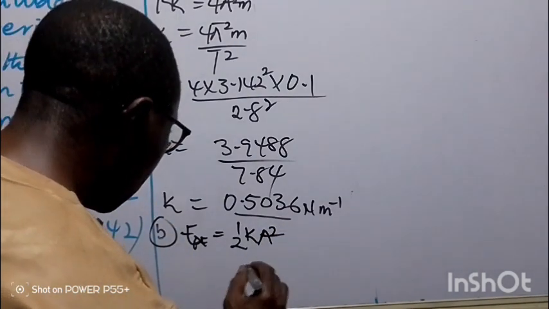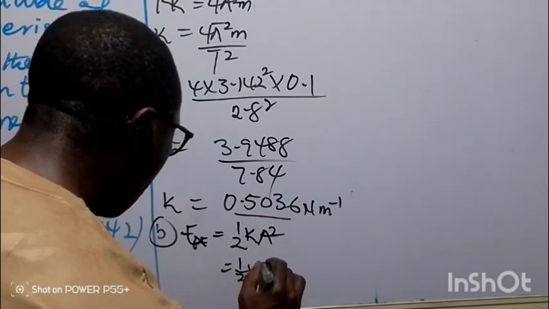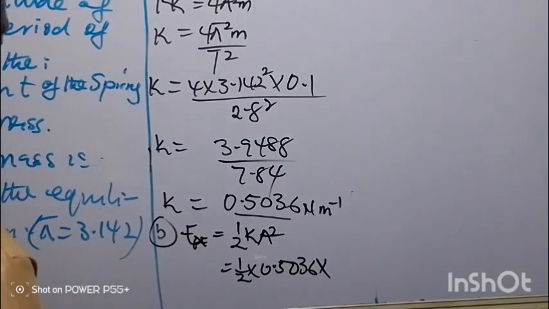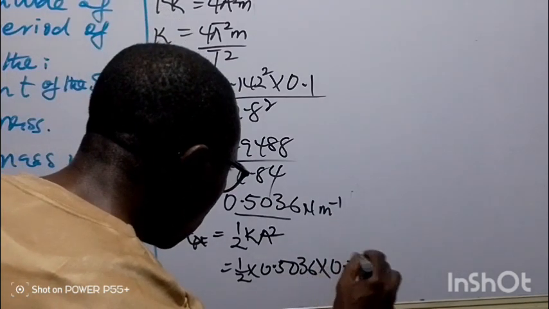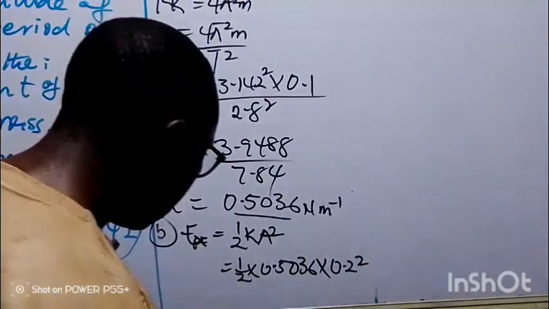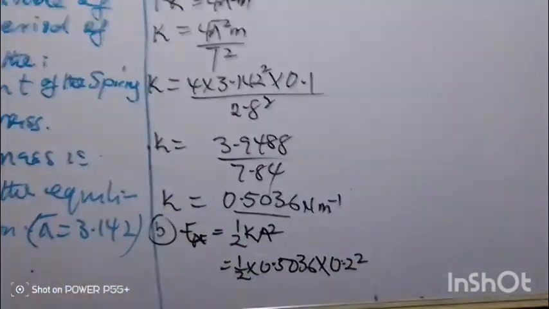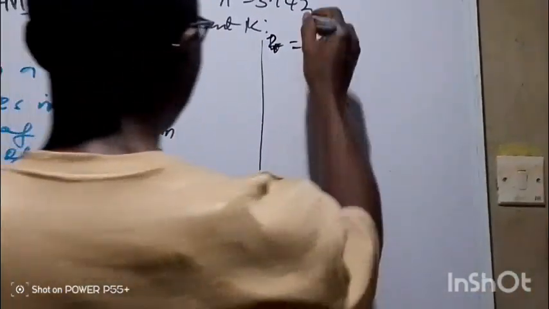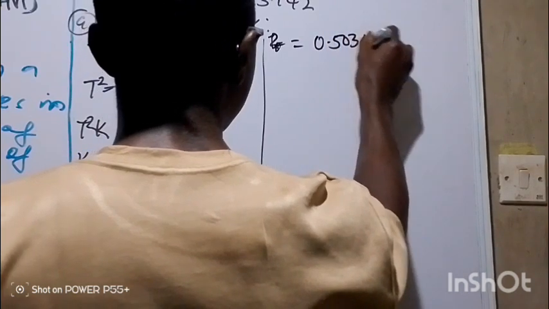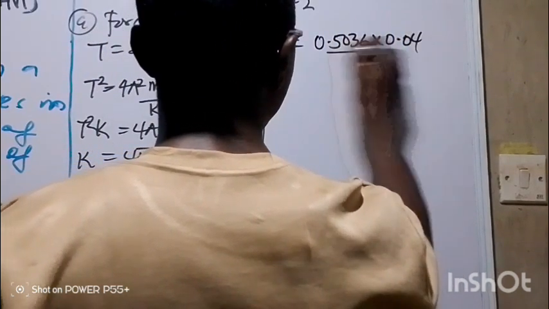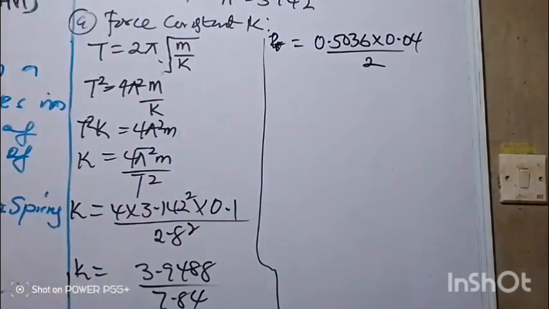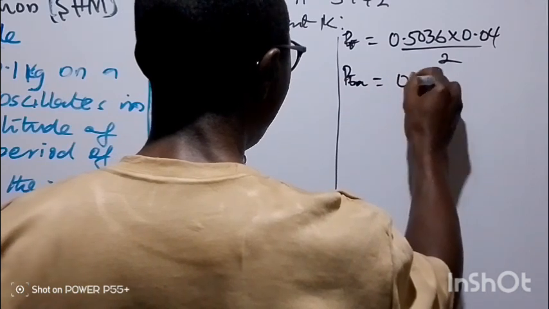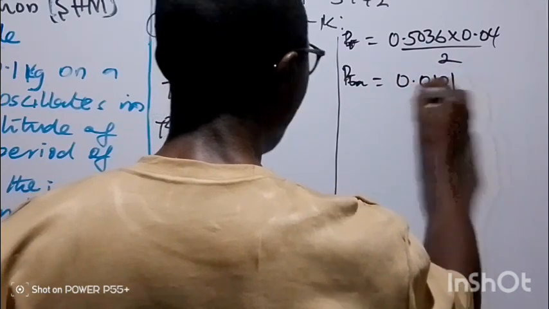That will be half multiplied by 0.5036, and our A on the board is 0.2 squared. This will give us the maximum PE equal to 0.5036 multiplied by 0.04 all divided by 2. Maximum PE will be equal to 0.0101 joule.